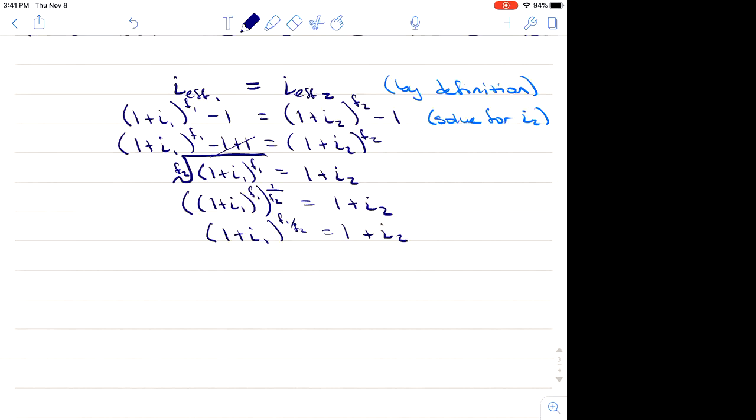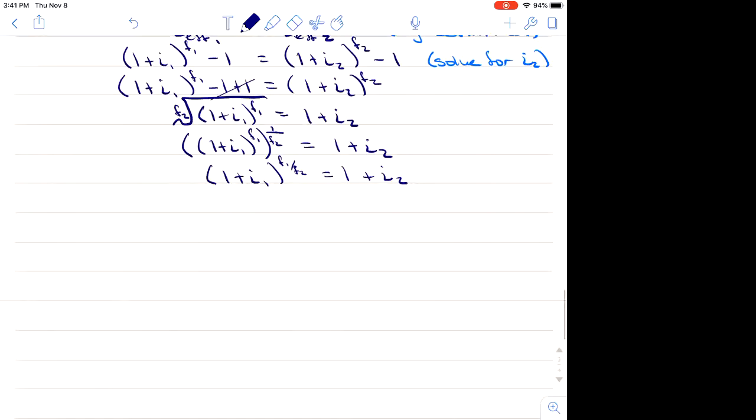Now to solve for I2, we just subtract 1 from both sides. (1 plus I1) to the power of F1 over F2 minus 1 is I2. And that's exactly what's on your formula sheet.